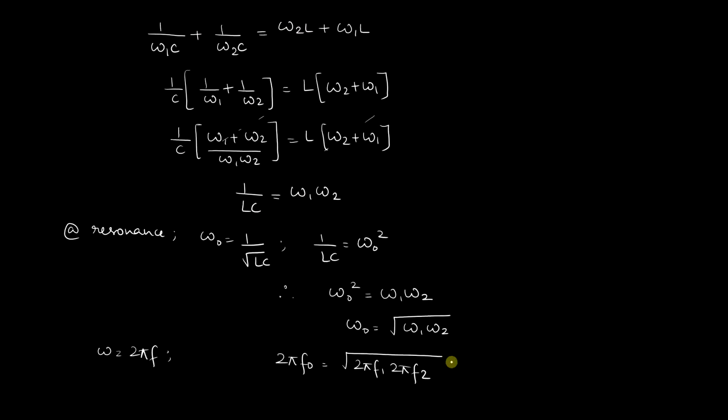If you see here, the 2 pi common, that is 4 pi square, and I can bring that out and that becomes 2 pi square root of f1 into f2.